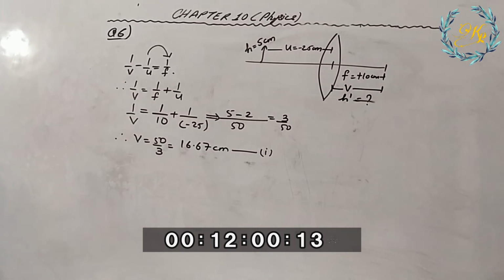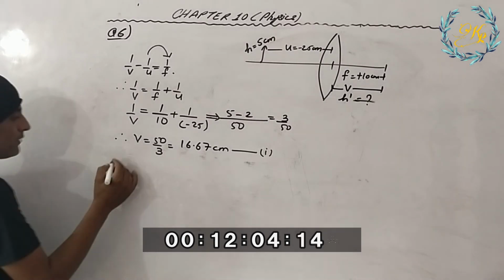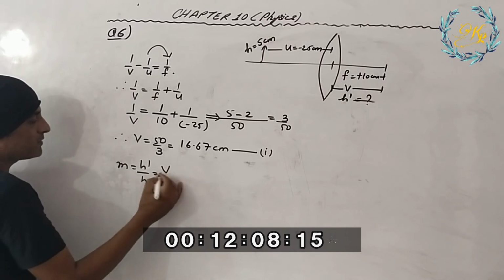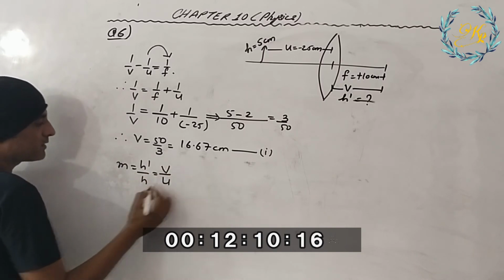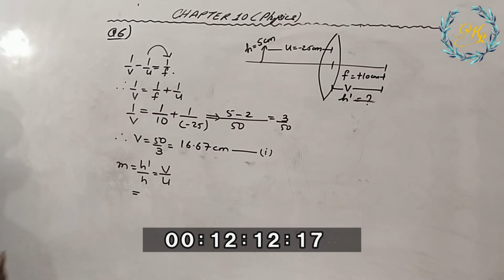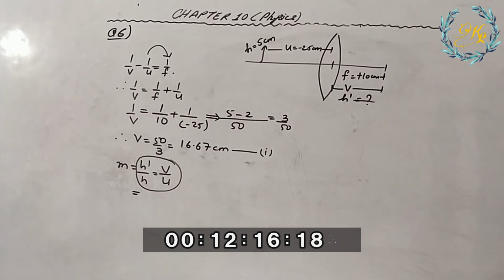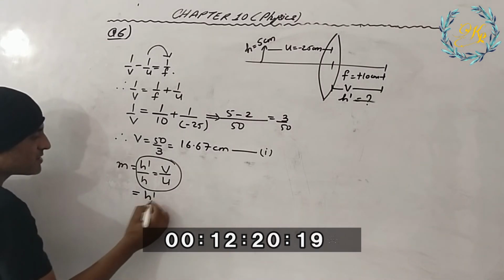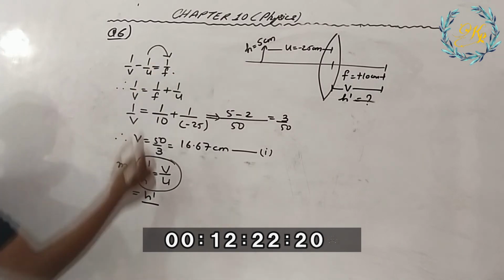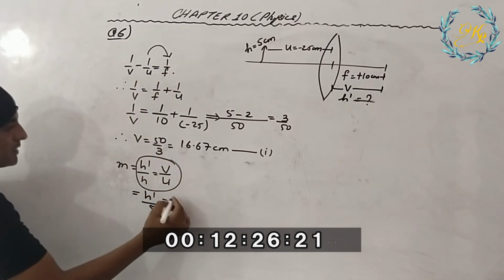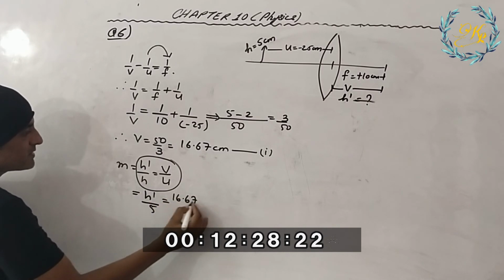Now finding the height of the image. The formula for magnification of lens is height of image upon height of object is equal to distance of image upon distance of object. Replacing values out here, comparing only these two, we get h dash upon 5. Image distance is, you can see from here, 16.67.